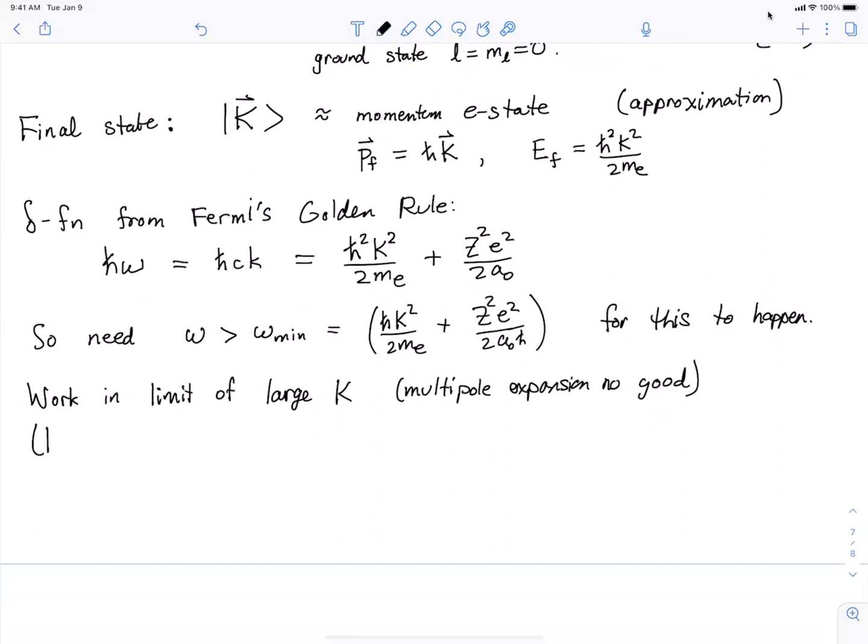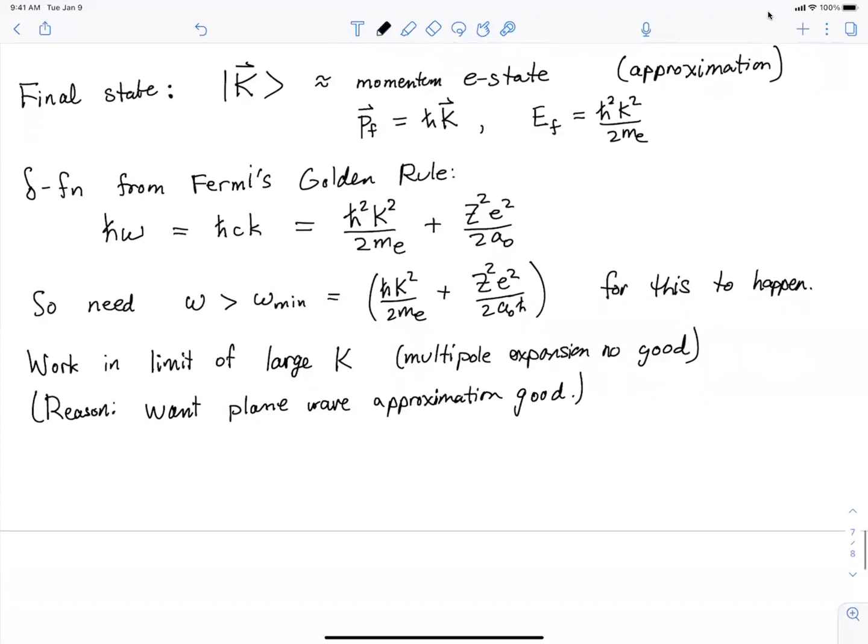So the reason for this is we wanted to be simple. We wanted the plane wave approximation to be good. And the price that we pay for that simplicity is this won't apply if the momentum is small, which means the wavelength is small.